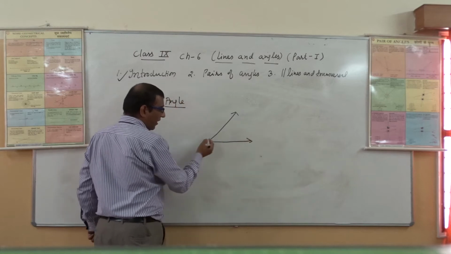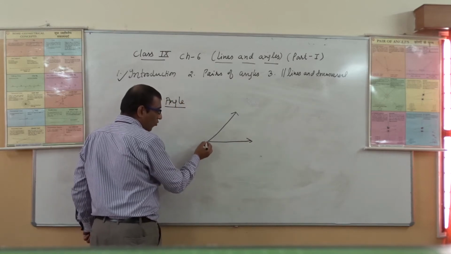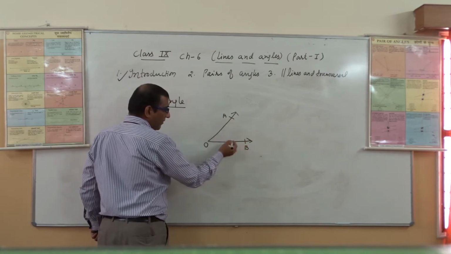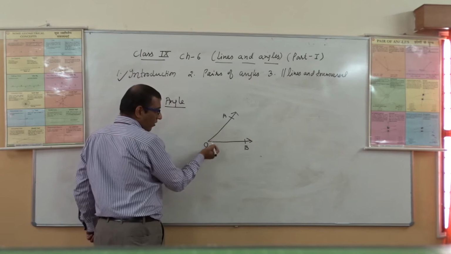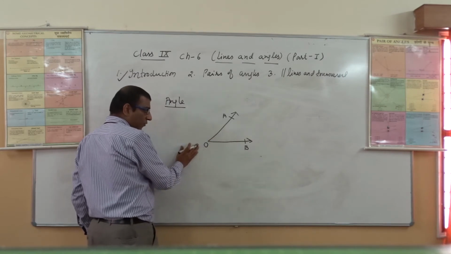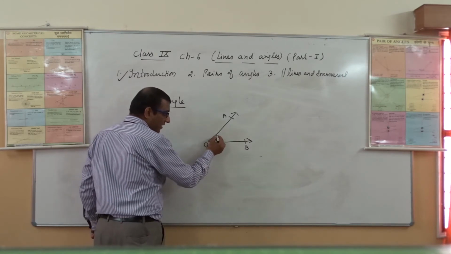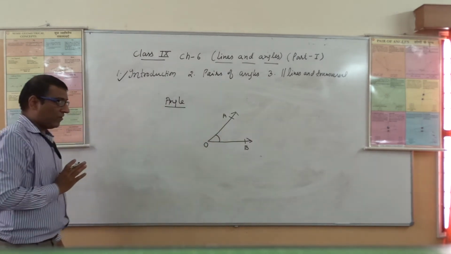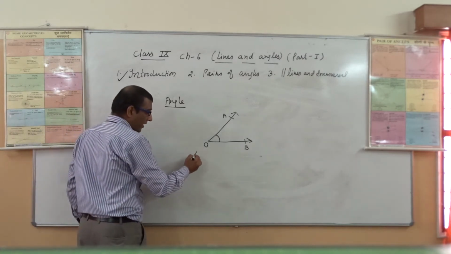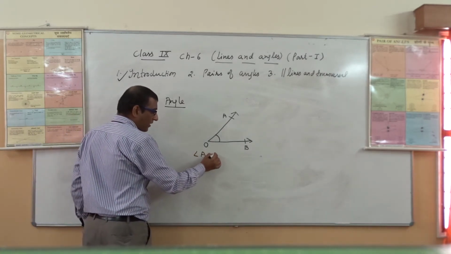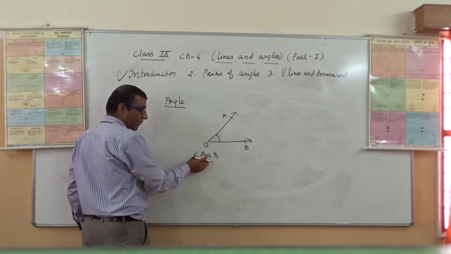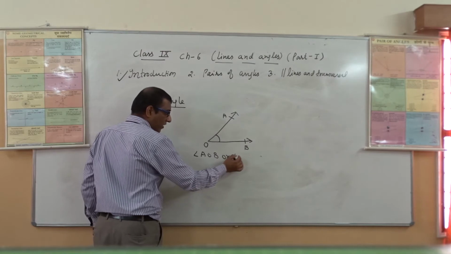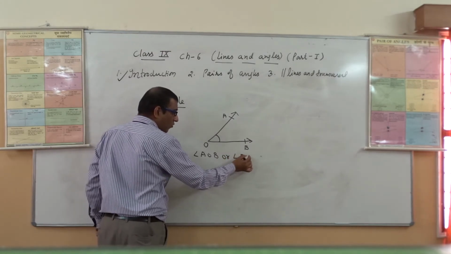these types of 2 arms, when they intersect each other at point O, this is OA and this is OB. When OA and OB both intersect at point O, then this portion is the angle. We can say it is denoted by angle AOB because O lies in the middle, or it can also be represented by angle BOA.